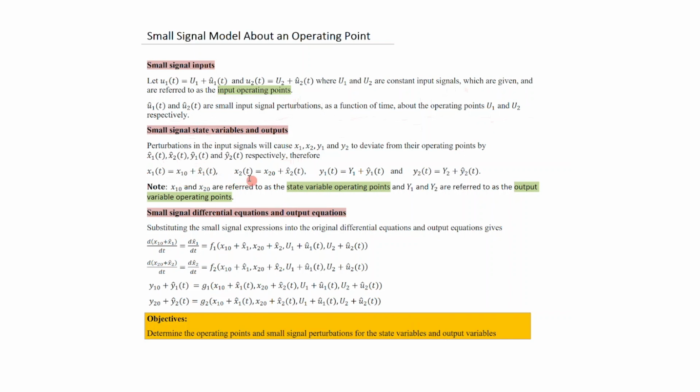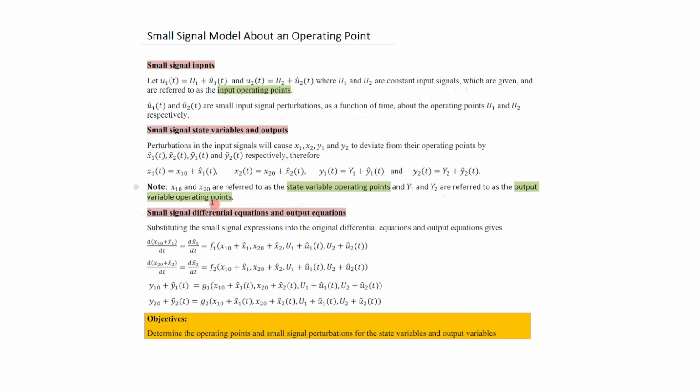The other state variable is equal to its steady state value plus the perturbed value. And y1 and y2 will involve the steady state values, Y1 and Y2, plus the perturbed values. X10 and X20 are referred to as the state variable operating points, and capital Y1 and capital Y2 are referred to as the output variable operating points. So this is our starting point.